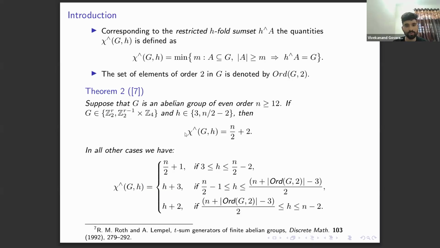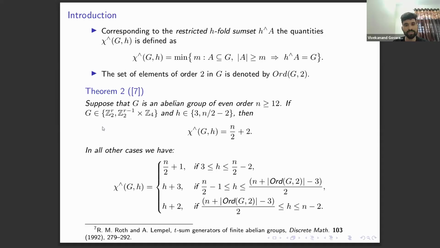In 1992, for general abelian groups, before stating the result, let me introduce one more notation, chi hat (G,h). Chi hat (G,h) is the minimum integer m such that if the cardinality of A is greater than or equal to m, then h hat A is equal to G. The result states that suppose G is an abelian group of even order n, at least 12.